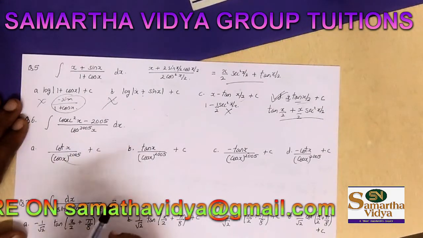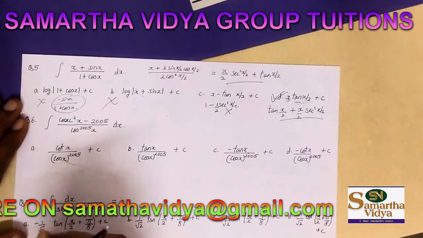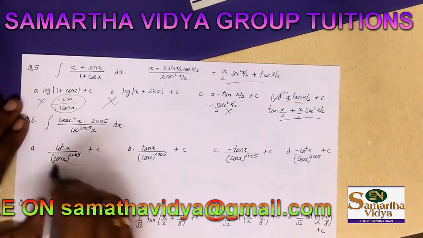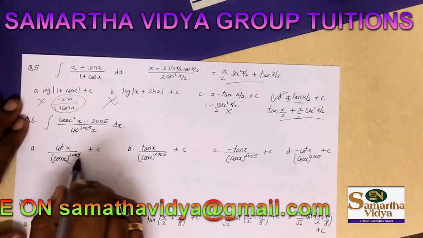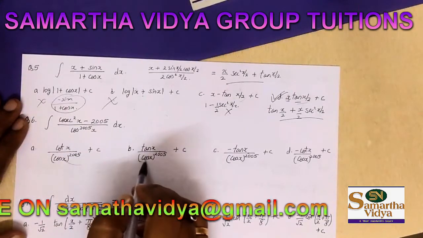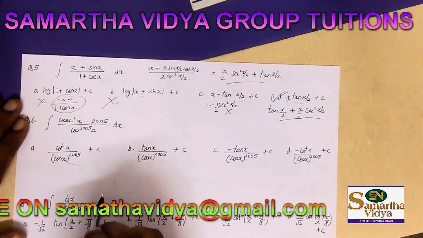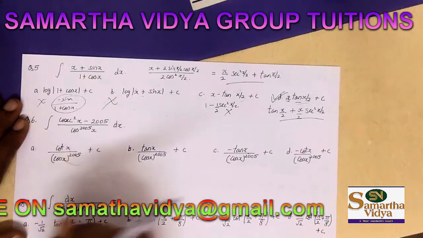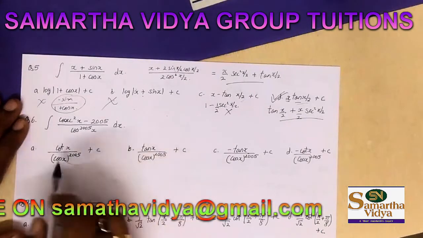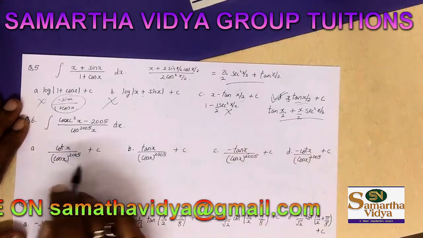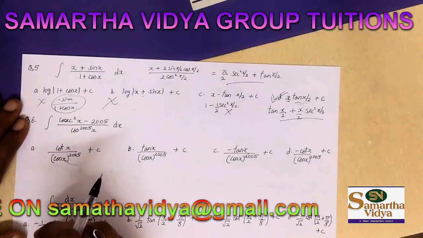What you can observe is that there are only two options we need to check: cot x upon cos 2005, or tan x upon cos 2005, because if only a sign change is required, we can accordingly select the particular option.